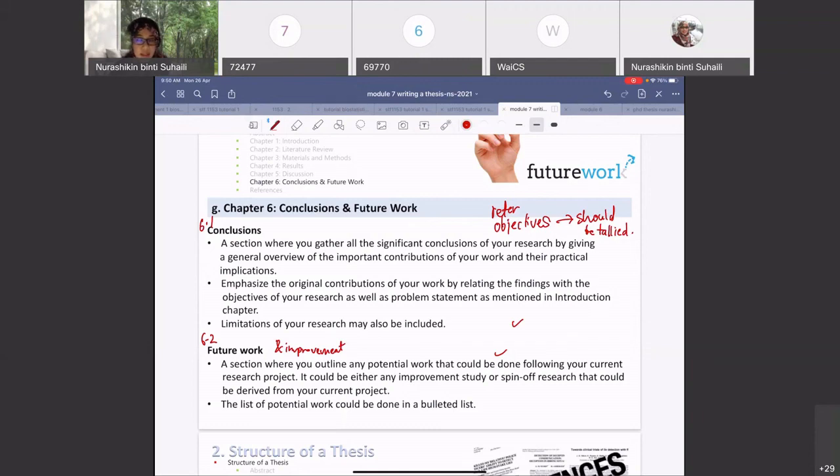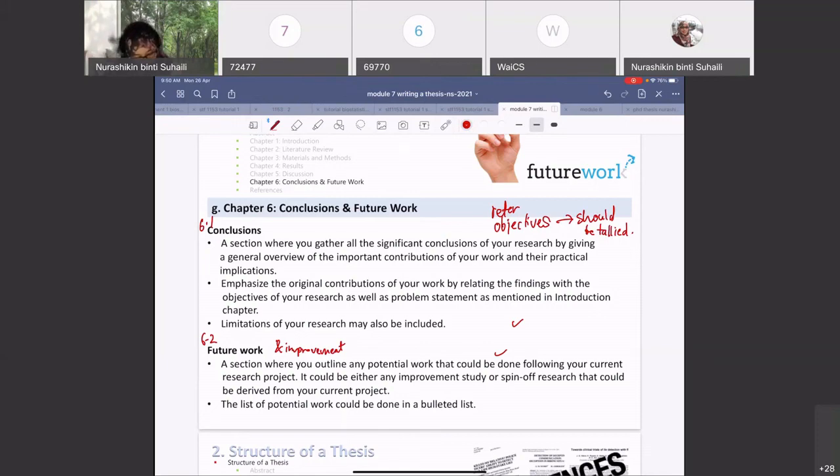There's nothing 100% accurate in research, but it can serve as your suggestion. You don't have to be so afraid to suggest things, as long as it is not totally impractical, as long as it is within the scope of the research, it's fine.